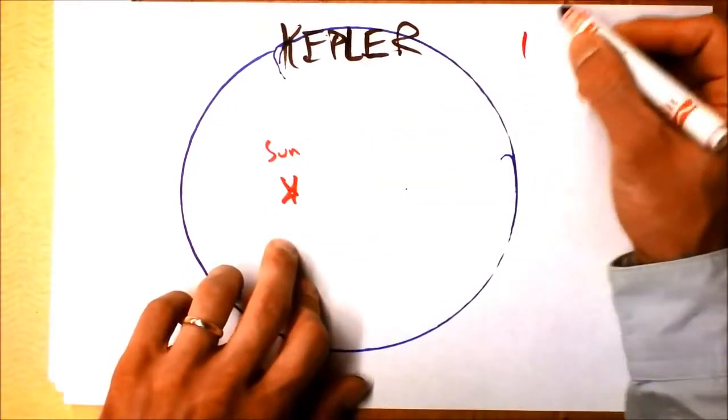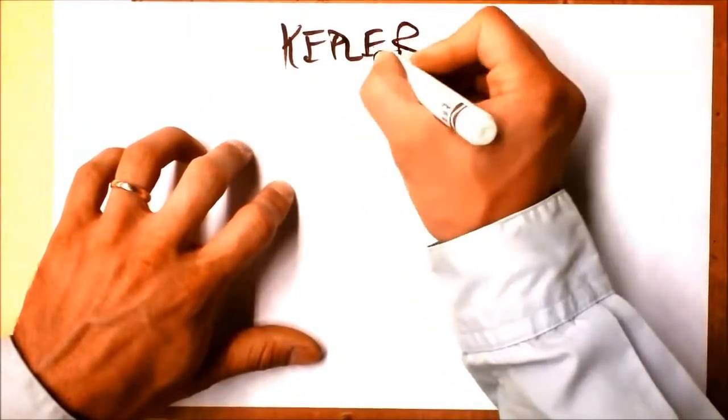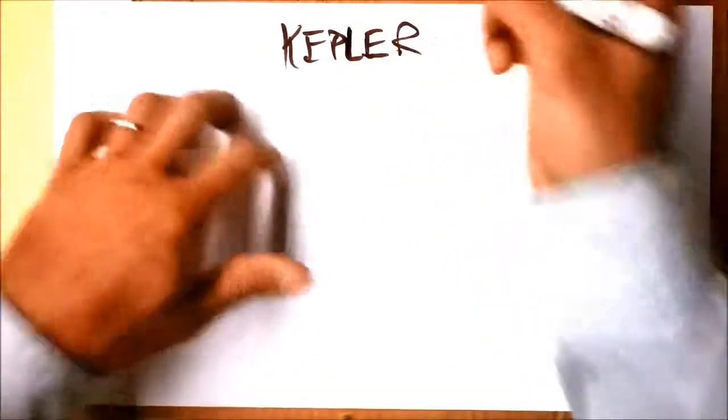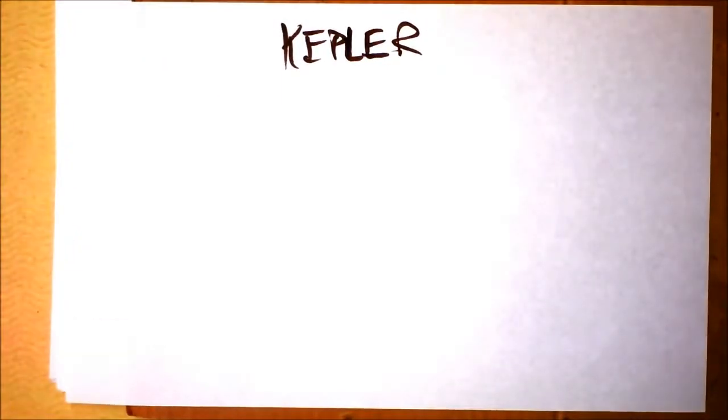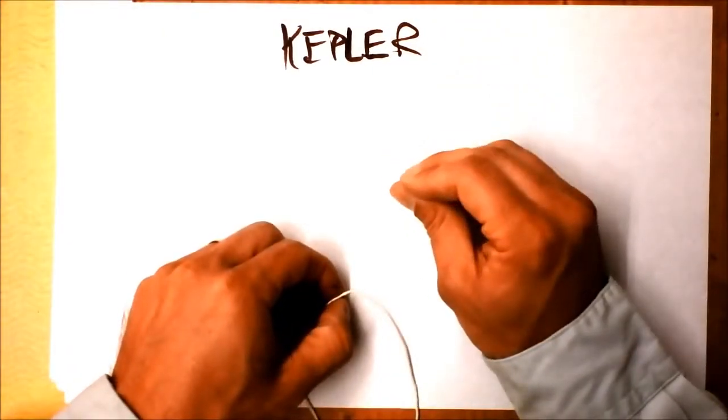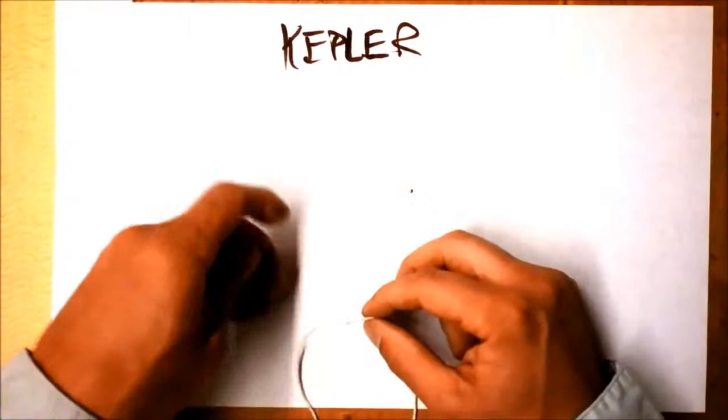So Kepler was a pretty nice guy. Let's get him up here. Kepler studied enormous amounts of Tycho Brahe's initial data on the locations of planets, and he discovered the following facts. First, I'm going to make us an ellipse.